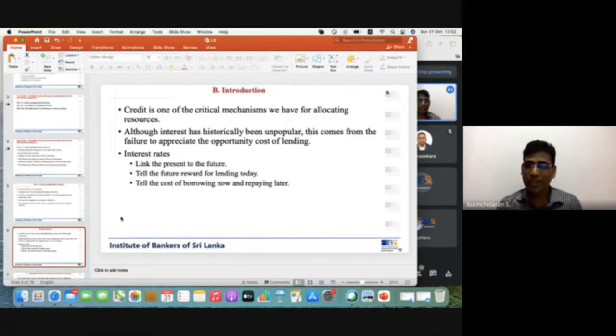So why is it happening? You might have heard of the vicious circle of poverty, right? That means poor people are always within that cycle. It's very difficult to come out of that cycle.